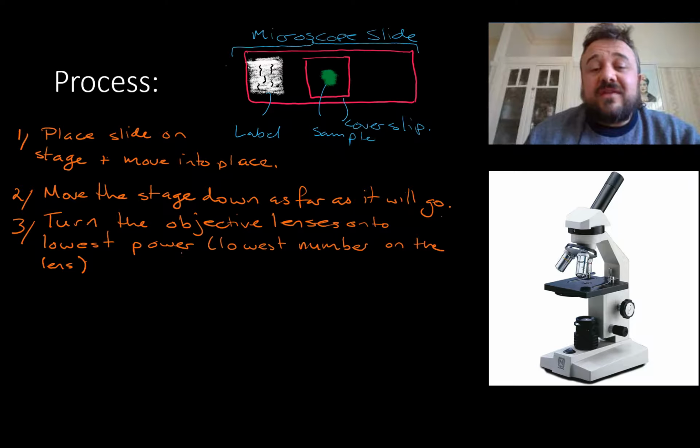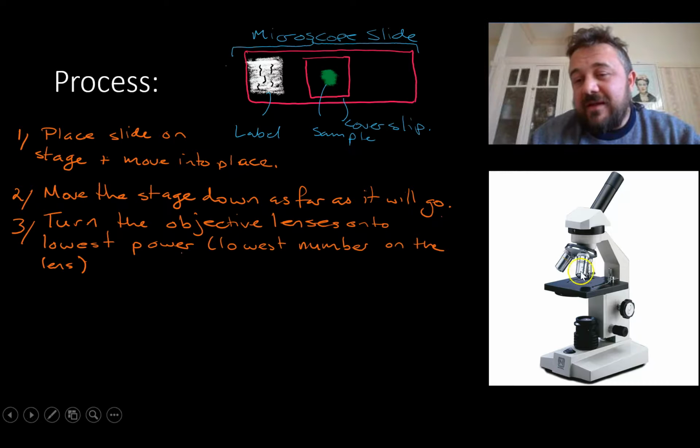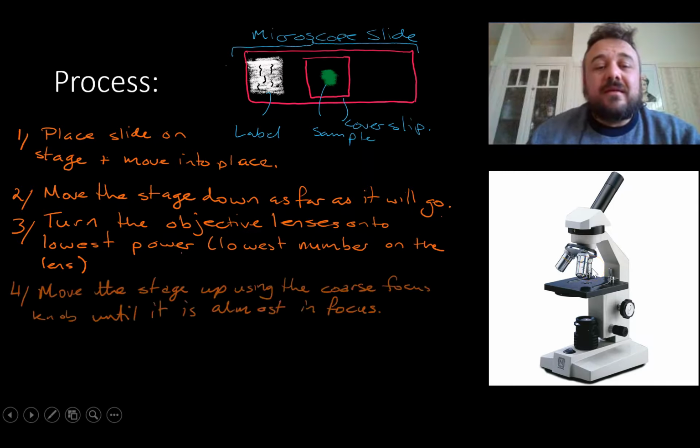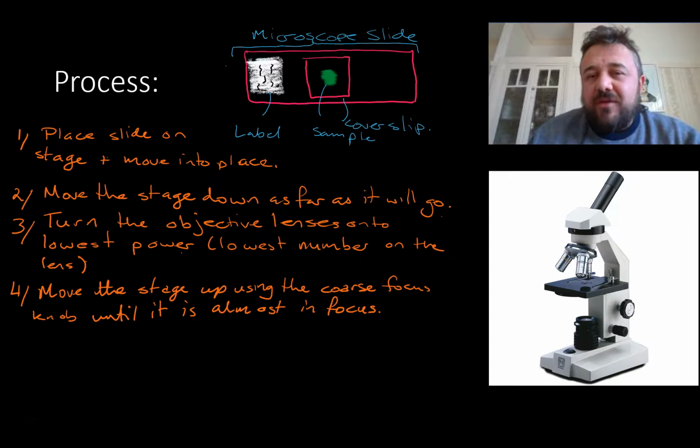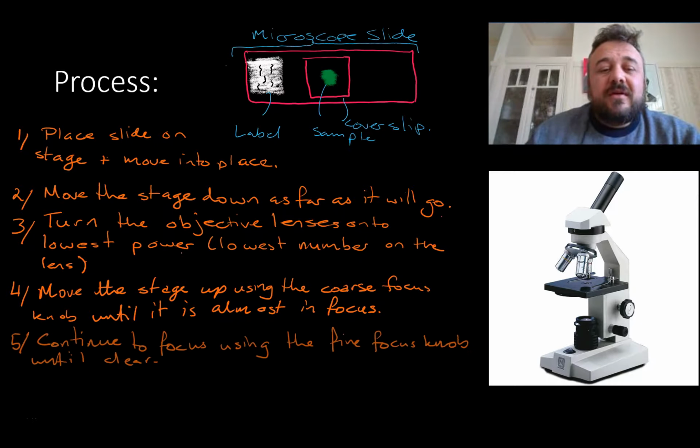We turn the objective lenses onto the lowest power, usually a 4 times power lens. So we go low power, or the lowest number on the lens, because they've all got little numbers around here that tell you what it is. Then we move the stage up using the coarse focus knob until it's almost in focus. So we bring it up until we can start to see what it is we're looking for. And then we use the fine focus knob to make it clear.